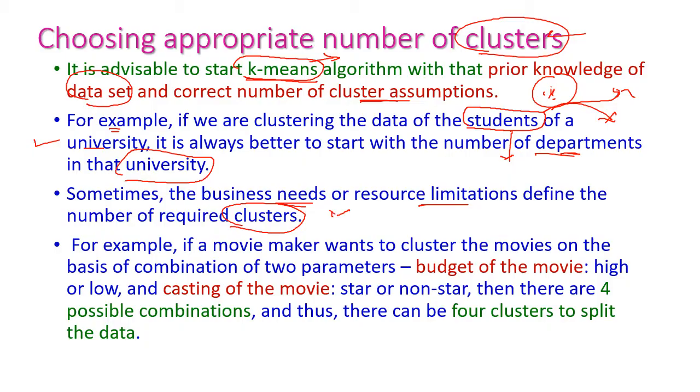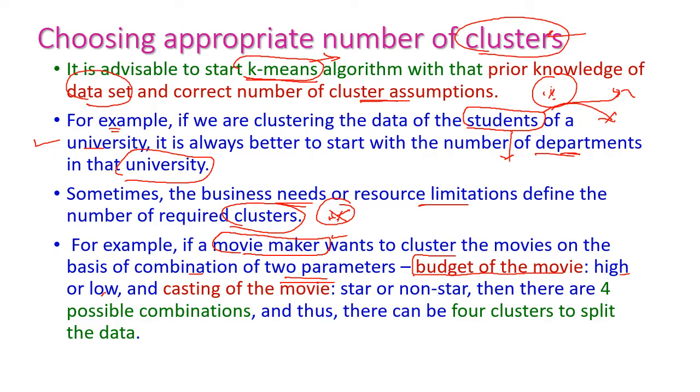For example, suppose we are movie makers, and we cluster the movies on the basis of a combination of two parameters. The first one is the budget of the movie, which may be high budget or low budget.